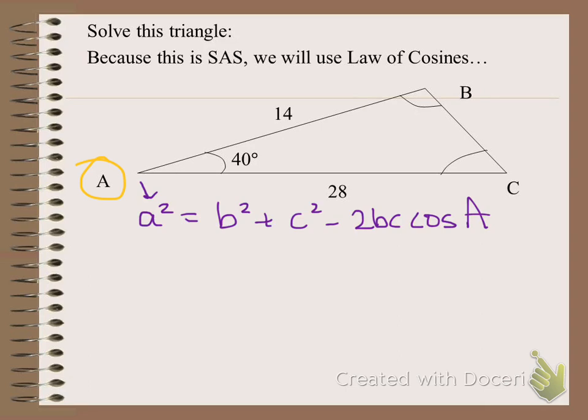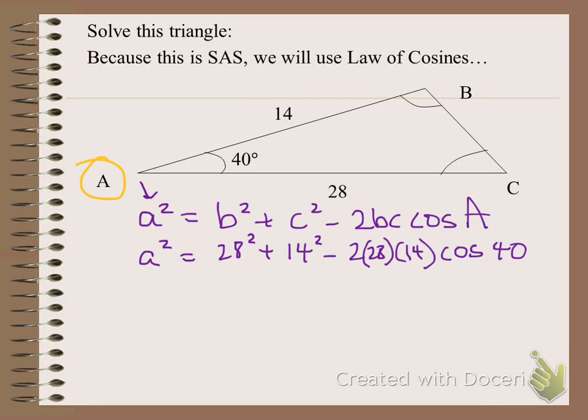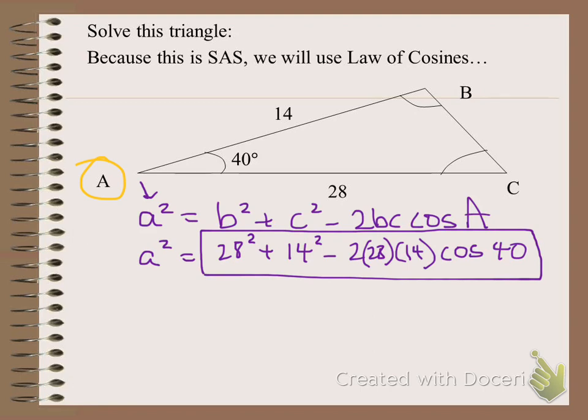Yes, side angle side, you're always going to be looking for a side, and you'll be able to input the whole thing. So A squared equals, little b is 28, little c is 14, 2 times 28 times 14 times the cosine of 40. Because we know everything on the right-hand side, we can put this all into the calculator in one stroke and take the square root of it.